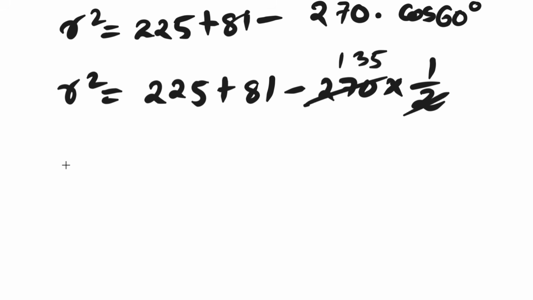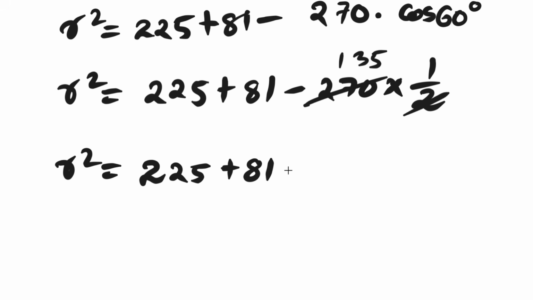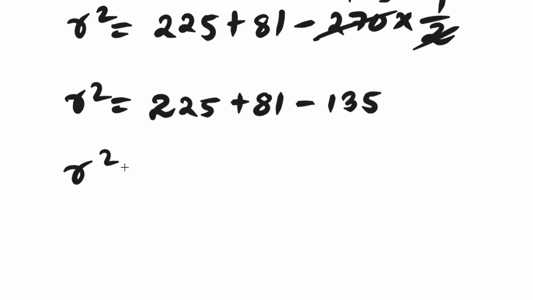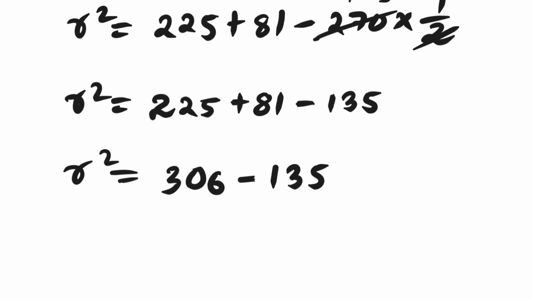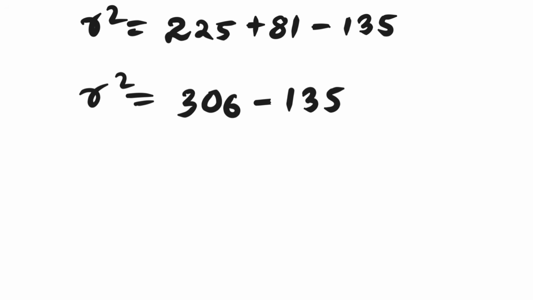So now we have r squared equals 225 plus 81 minus 135. Add the first two numbers, and 225 plus 81 gives 306. Therefore, r squared equals 306 minus 135. Subtracting gives r squared equals 171.